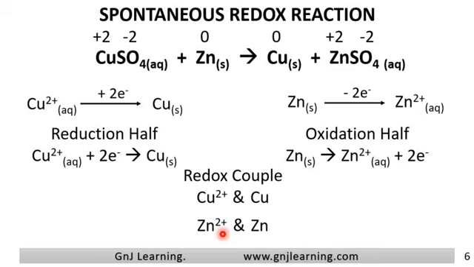So if you look into both the redox couples, on the left you can see it is their oxidized part, and on the right it is their reduced part. So this oxidized part can potentially act as an oxidizing agent.